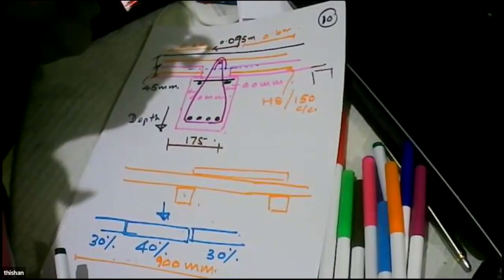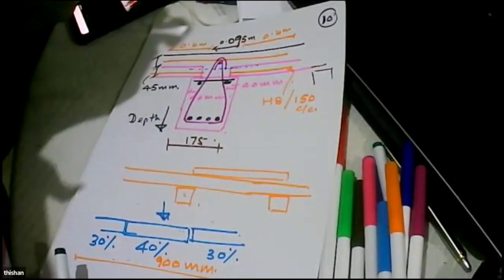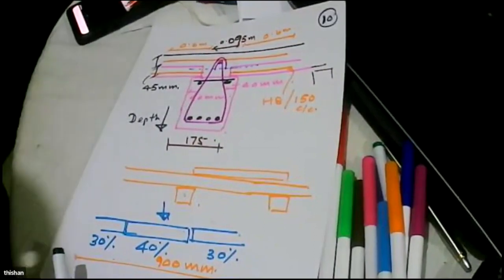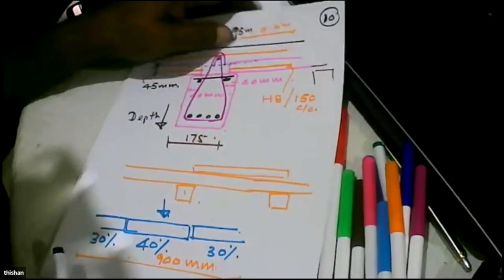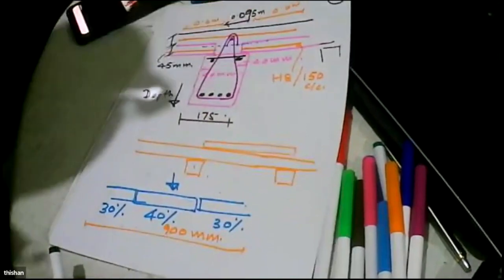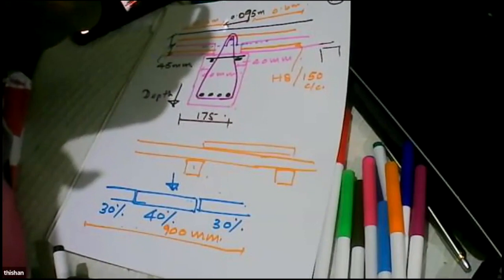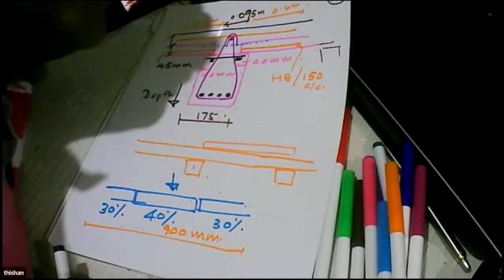Okay, sir. Yes, clear, sir. One more question is there, sir. What about the reinforcement covering? As it is less than 20 millimeters, will there be any issue with the durability?